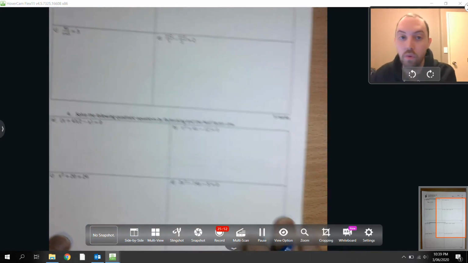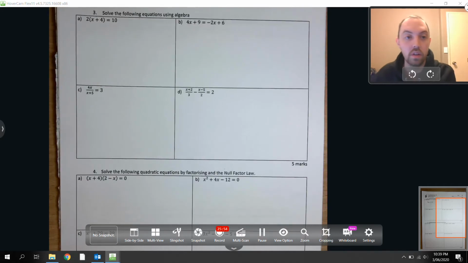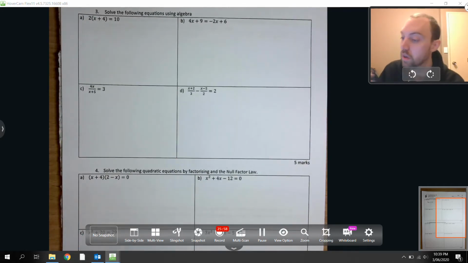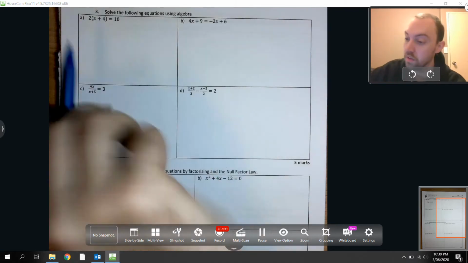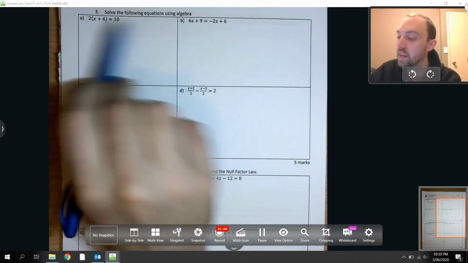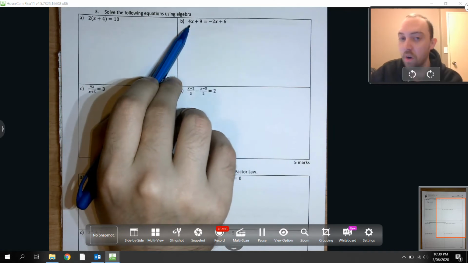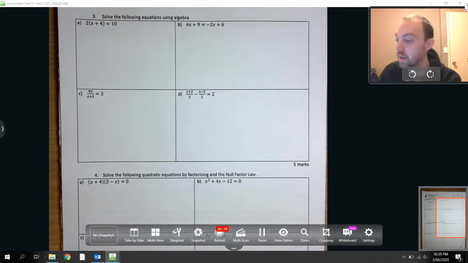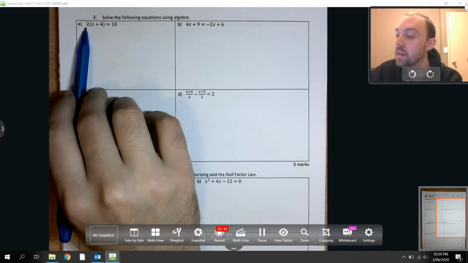Question 3. Solve the following equations using your algebra skills. So if we're trying to solve our algebra, we need to isolate x, so we need it on one side by itself. Nothing can be added, nothing can be multiplied. Just by itself, isolated.